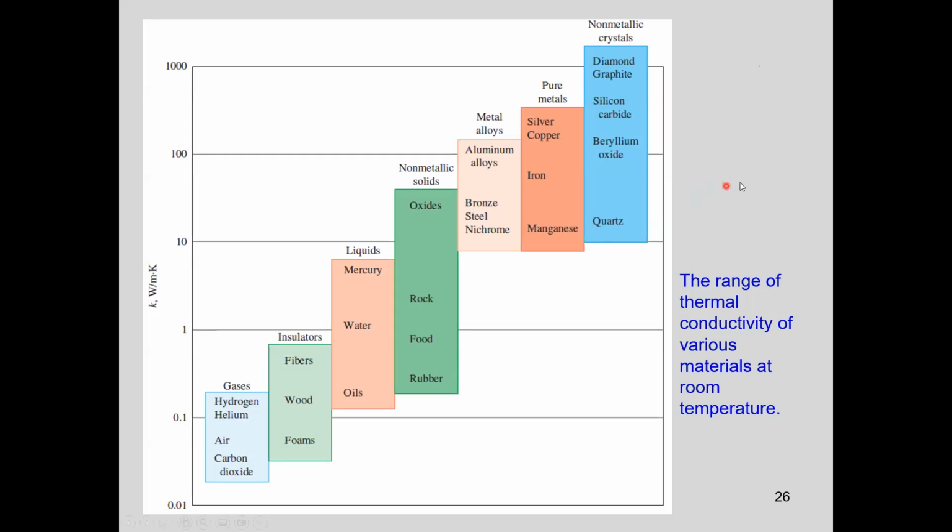Okay, let me ask you a question in the chat. Copper has a thermal conductivity of 401 watt per meter Kelvin, and nickel has a thermal conductivity of about 90, let's say 100. And you have an alloy of copper and nickel, 50% and 50%.